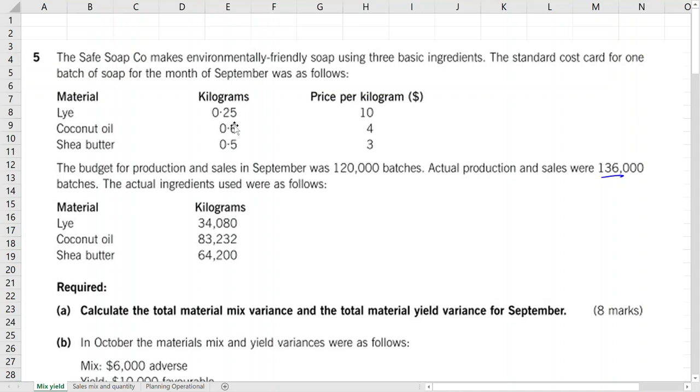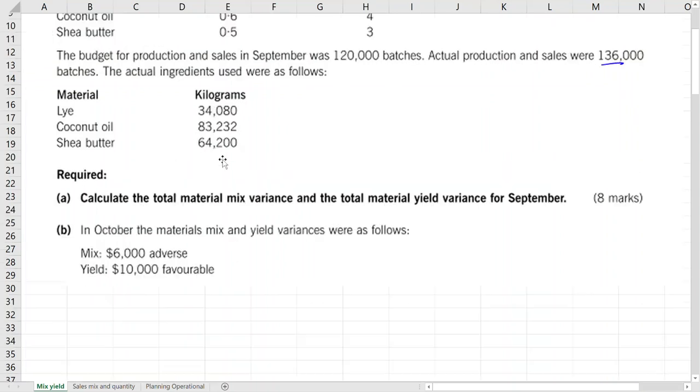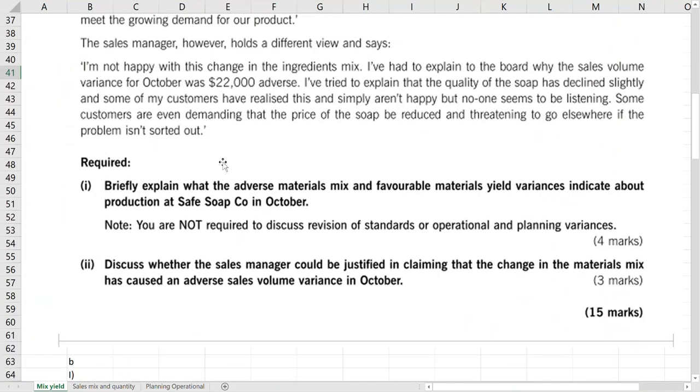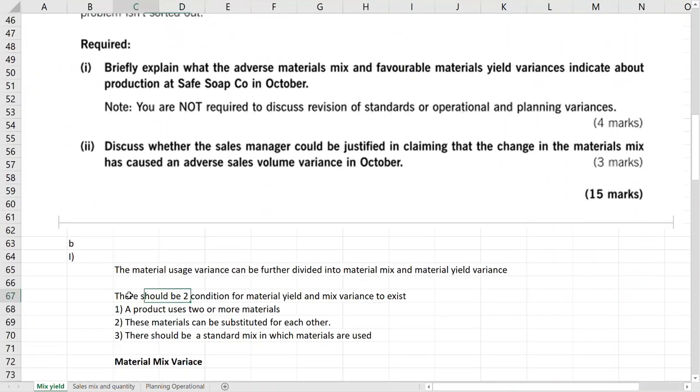You can increase banana or you can increase milk. You can make one glass. That depends on what you add more or less, and that will decide the taste as well. Does it make sense? So we can substitute the material. So, 3 conditions.